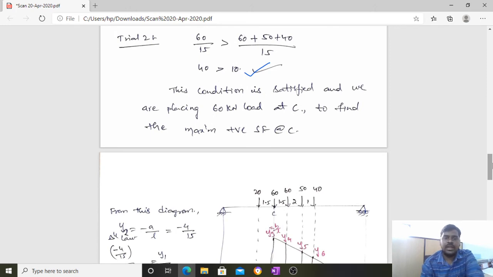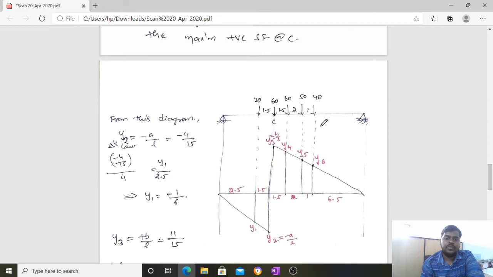So as this trial 2 is satisfied and we are placing the 60 kilonewton load at C to find the maximum positive shear force at C, right? So this 60 kilonewton load we are placing at C, and from this diagram, y2 we know as minus a by l and y3 as b by l.